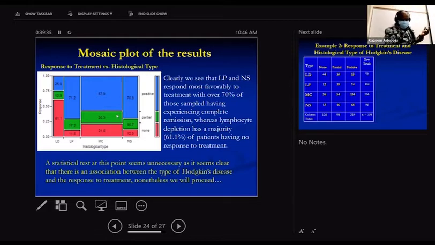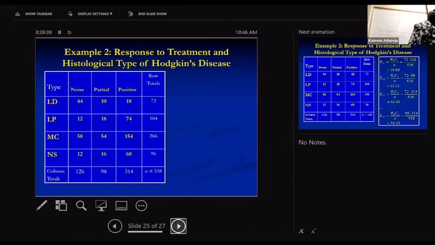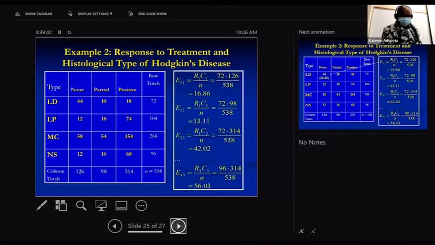But you know what? I want to go by chi-square again. I want to find the expected, just like what we did the other time. Look at what I'm doing now. For 44, I want to find the expected. The expected is going to be the row total 72 multiplied by 126 divided by the grand total. That is what you see that I'm doing there. You're going to find the expected for each of the cells.